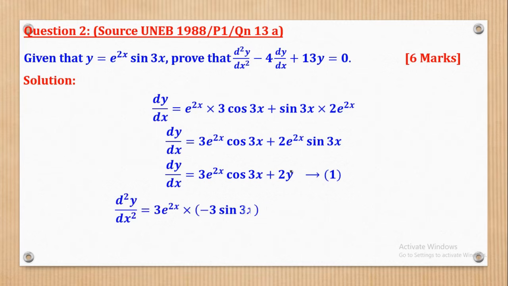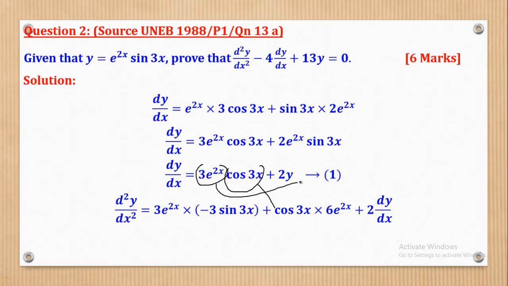Next we shall differentiate the second time. Differentiating the second time, this one is also a product. So what we are going to do, keep this constant which is there, then differentiate this to come up with this, plus keep this constant which is here, then differentiate this to come up with this.